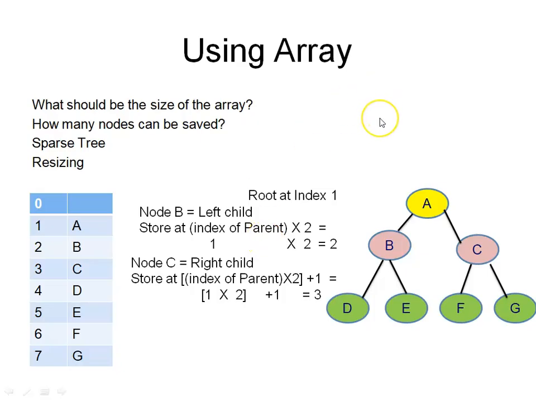Then where do we store the node D? We store node D, which is the left child, at the index of the parent into 2. B's index is 2, so 2 into 2 is 4.